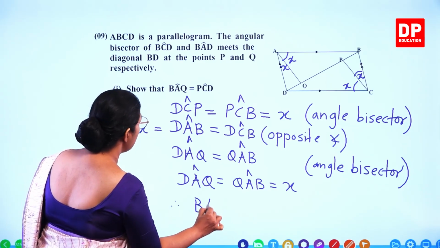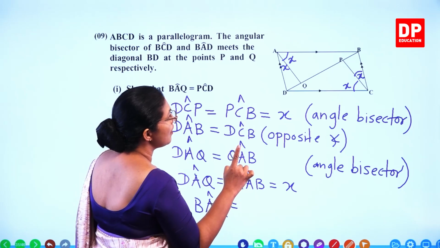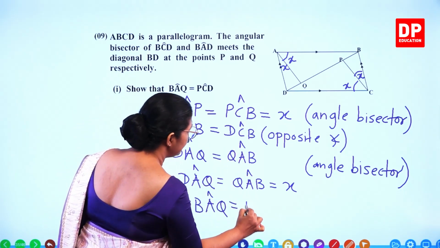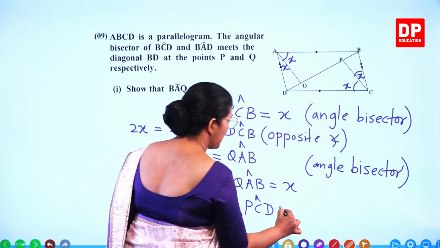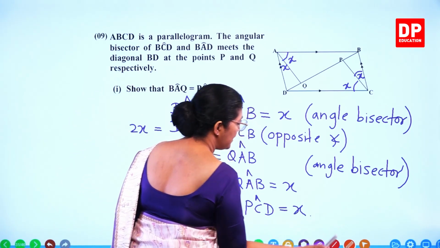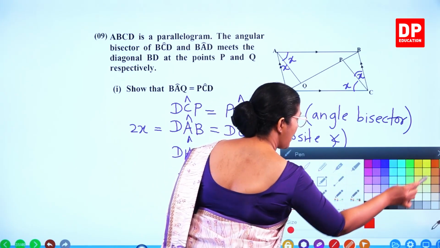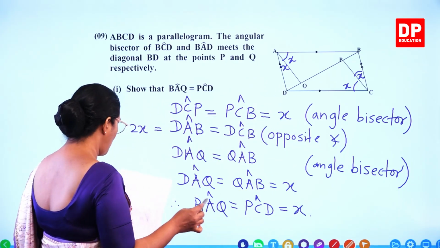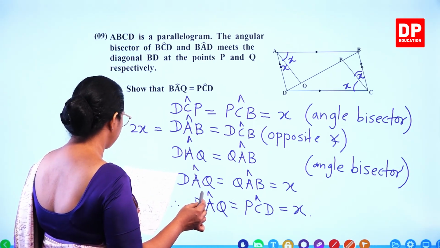Therefore, angle BAQ is equal to angle PCD. So that's also, we labeled it as X. So that's the first part, showing that these two angles are equal. You get 2 marks.